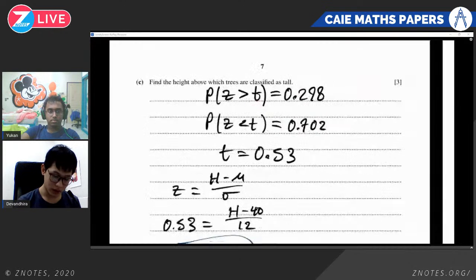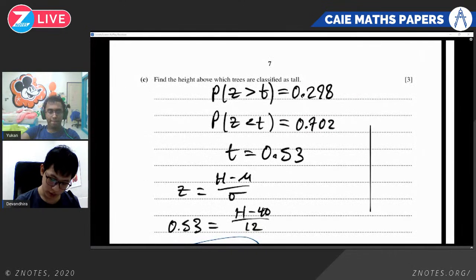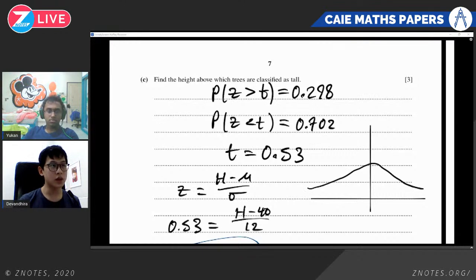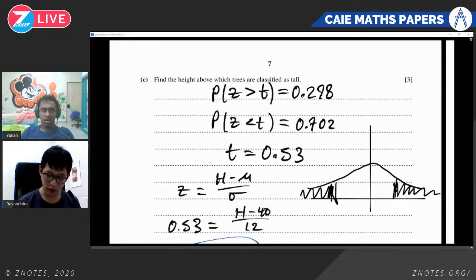Why greater? Let me draw the normal distribution curve again. Remember, tall means it's the high end. If it's short, it would be from the middle to somewhere at the back. That means if it's tall, it's somewhere from the middle to the front. That's why I write greater, because the region would be greater than this value t right here.